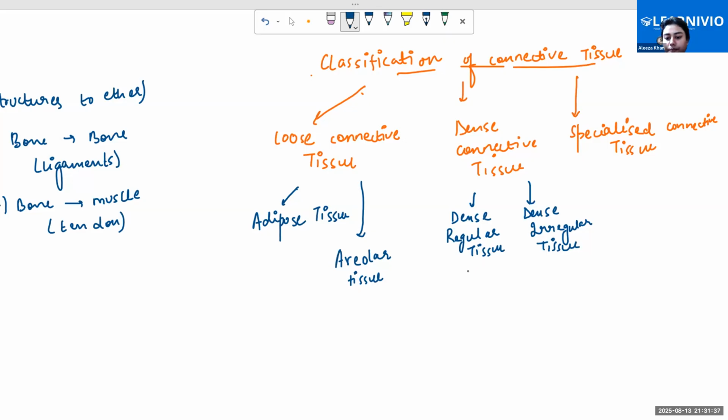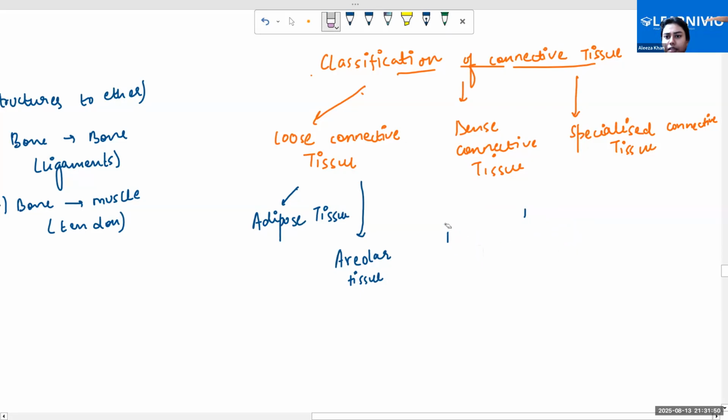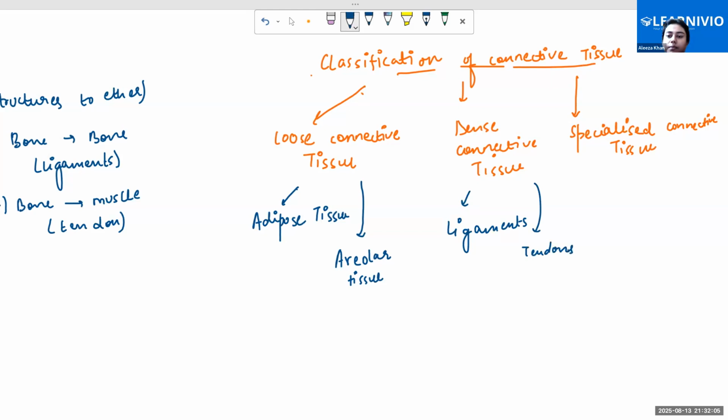Getting it? Now, I think you can leave this classification because it is very much in depth. You will only write that you will be dealing with the ligaments and tendons, otherwise that will be a very deep classification.